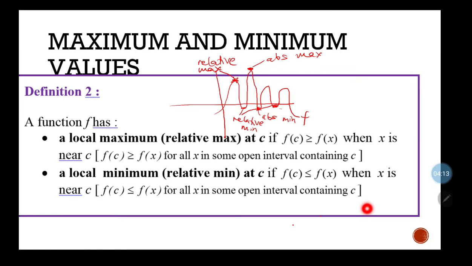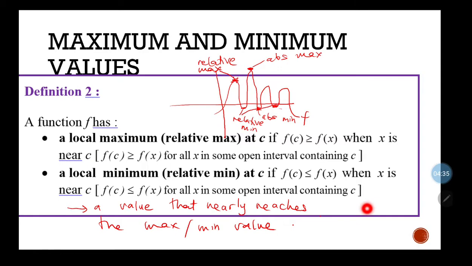So local maximum and local minimum can also be termed as a value that nearly reaches the max or minimum value, right?